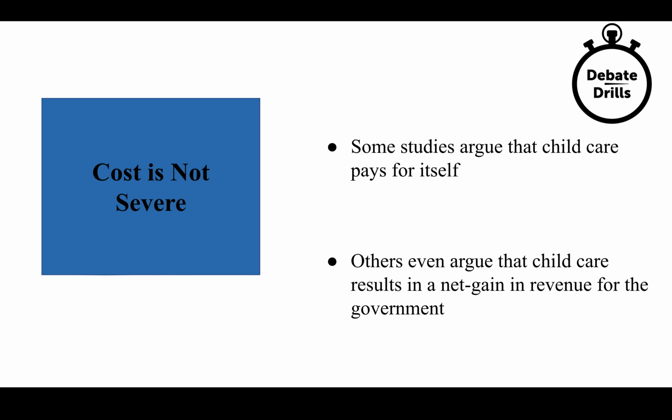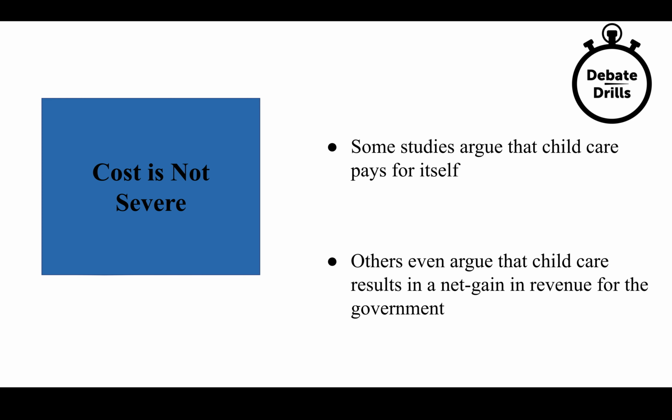Some people argue that childcare actually results in a net gain in revenue for the government because of those boosts to the economy. Now, obviously, this is a pretty empirical question, and if you want to engage in this debate, I encourage you to do some pretty nuanced research and find some strong studies that outline in numerical terms exactly how this might break down.